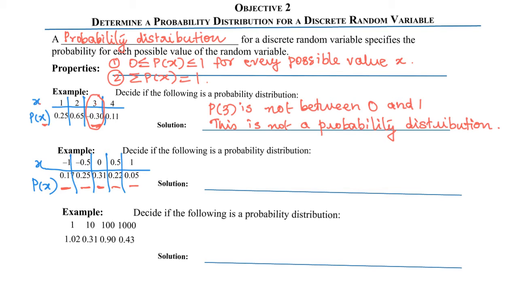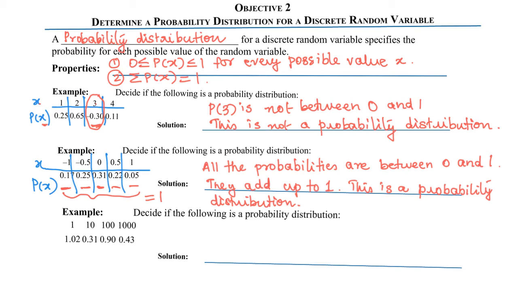Now we need to check whether the sum is equal to 1. So add these numbers and we can see that the sum is equal to 1. So all the probabilities are between 0 and 1 and they add up to 1. So this is a probability distribution. In the third example, you can see that P(1) is 1.02. That is not a number between 0 and 1. It is actually greater than 1. So definitely the sum also will be greater than 1. So this is not a probability distribution.